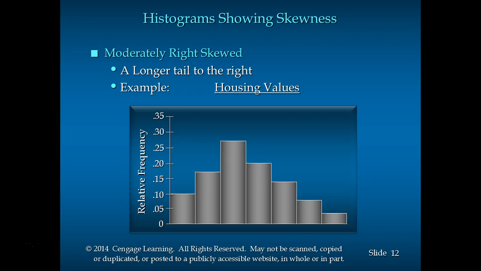Skewed to the right means that the distribution has a tail that's to the right. In this case, the average is a lot higher than the median or the middle one. Okay, the average, and we'll talk about those in the next chapter, is a lot higher in this case.